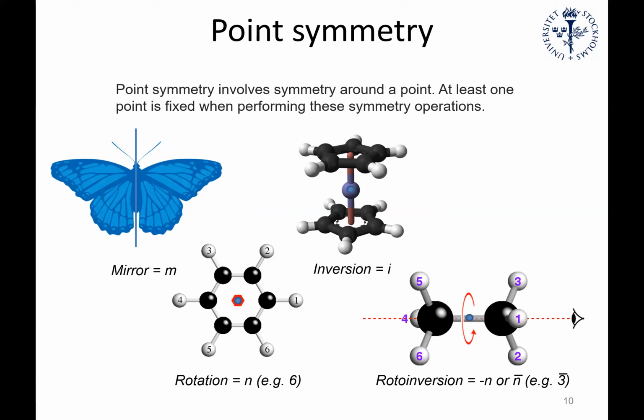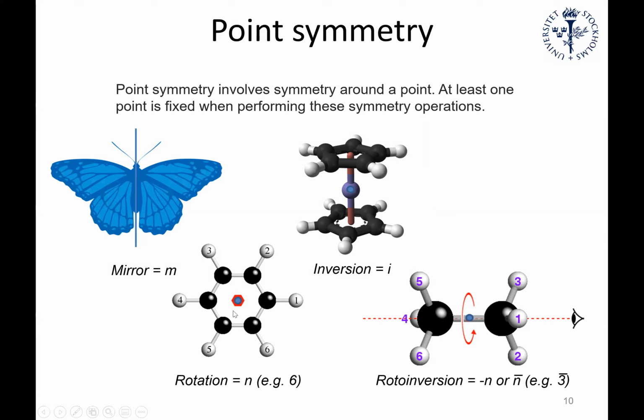You end up with the same coordinates. So the position of the iron doesn't move because it is actually on the inversion point. This is what is referred to as point symmetry. There's at least one point that is unaffected by the symmetry operation, in this case the iron on the inversion center. The inversion center itself is the point that, even if you invert something on it, is not going to change positions.